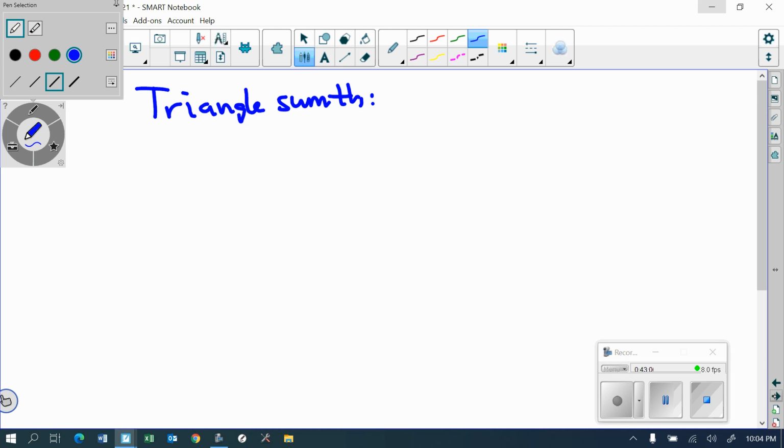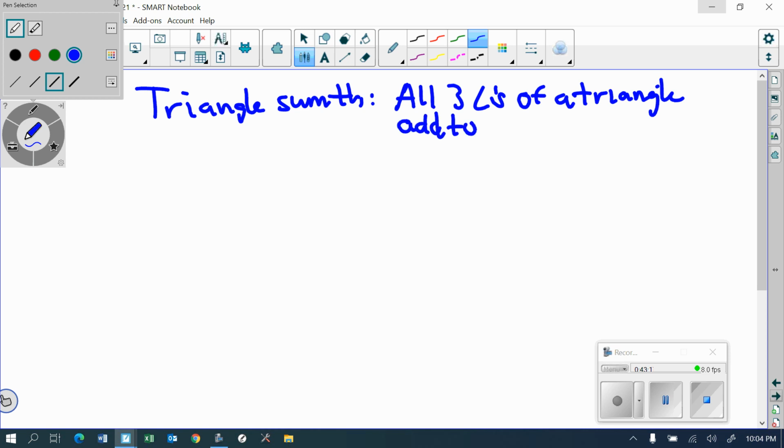Triangle sum theorem says all 3 angles of a triangle add to 180. Okay, and so that's a justification in a proof. If you're showing that 3 angles are adding to 180, the justification is triangle sum theorem.